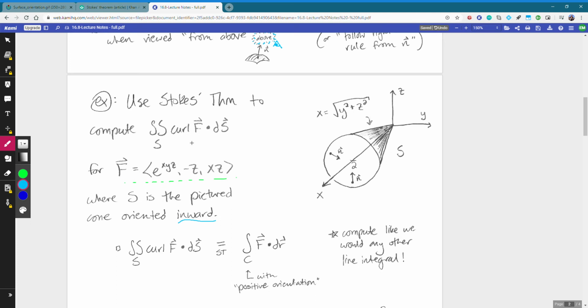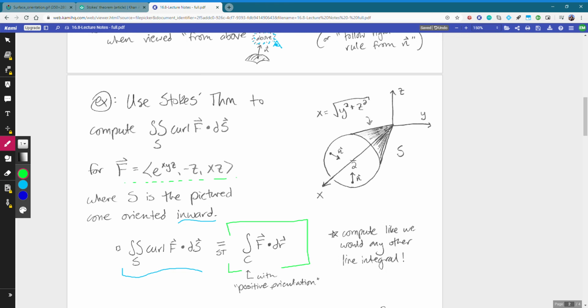Okay, well, the way that we use Stokes' theorem is very similar to how we used Green's theorem in the past. We use it by immediately taking this surface integral for the curl field and switching it out for a line integral over our vector field, right, with the correct orientation.